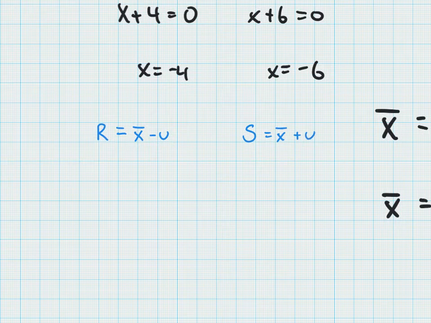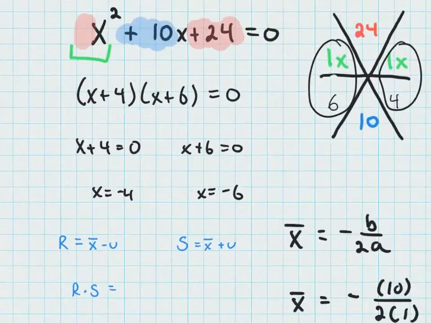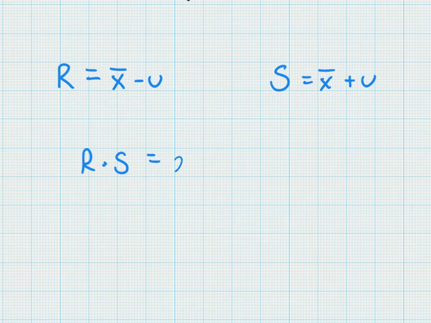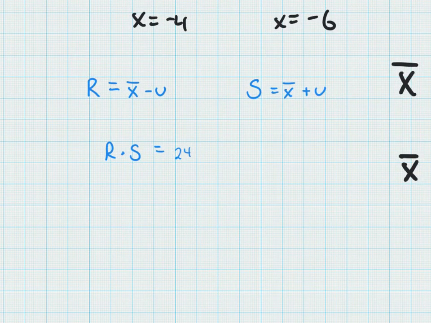Now, r times s is going to equal what we had before, the 24. So what we can do is substitute some things in, and we always get a nice result here. So x bar minus u times x bar plus u is equal to 24.